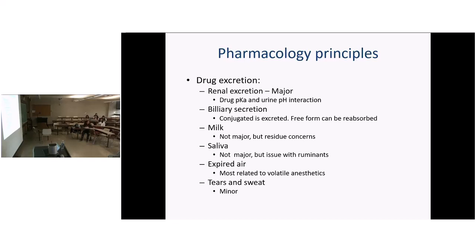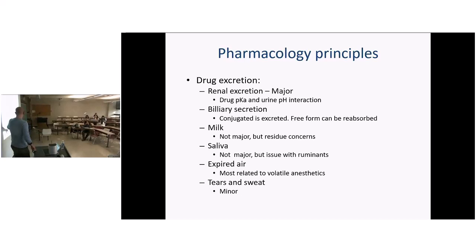Okay? So which basically means, yes, you do have some of that going to the milk, you do have some of that going to the saliva too, but they are not major routes. You're not going to have excretion through those routes. Expired air, again, anesthetics, that's the major thing.